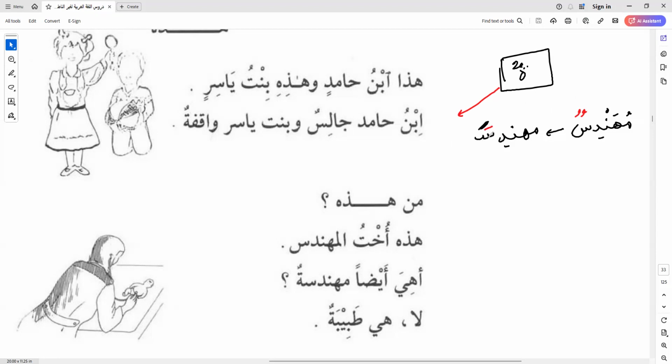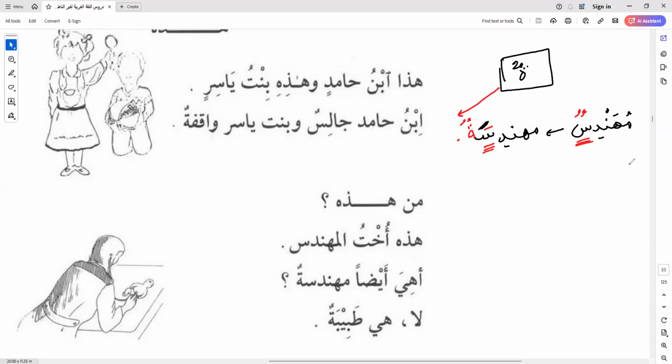Muhandisun, muhandisa. Then I'll put the taw marbuta. That is where the vowel moves. Muhandisatun. So you can see that the vowel on the sin has become fatha here. Very, very important. You need to take notice of that.